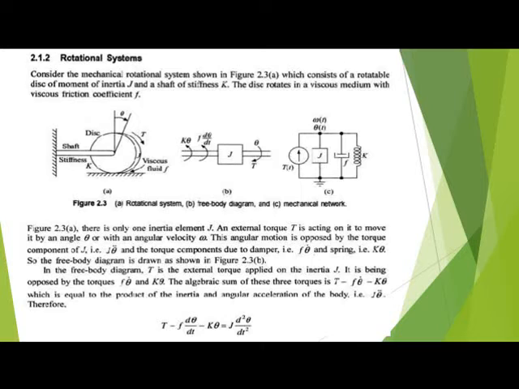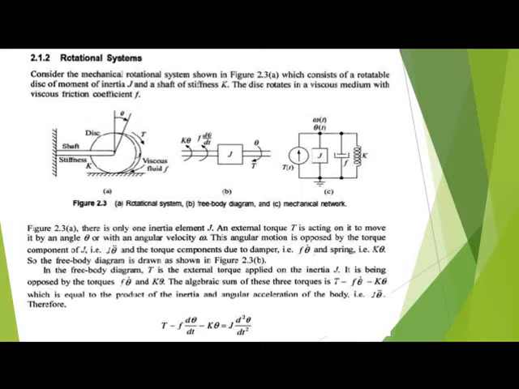Now from this very simple diagram, how do we draw the free body diagram? This is J, the square block J we will write. Then the external torque is applied in the clockwise direction. The angular displacement is also in the same direction, because the torque is applied about the fixed axis.